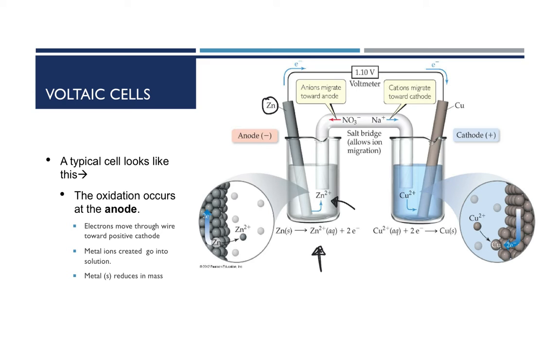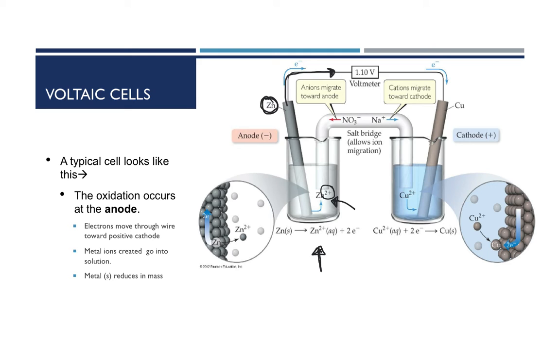Oxidation is happening there, so things are losing electrons. If zinc is losing electrons, it forms zinc positive ions that go into solution. The electrons that are lost, because it's an oxidation, head through the wire toward the cathode. They move away from the anode toward the cathode.